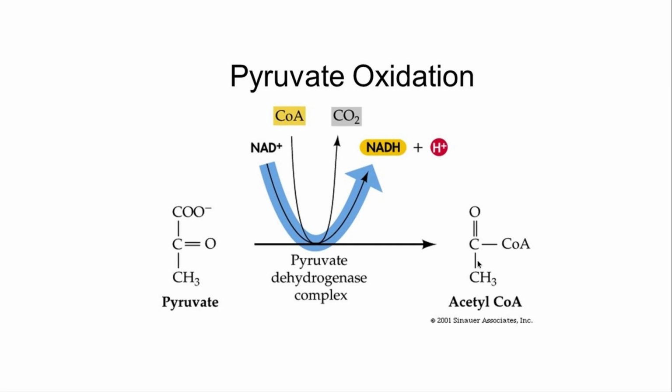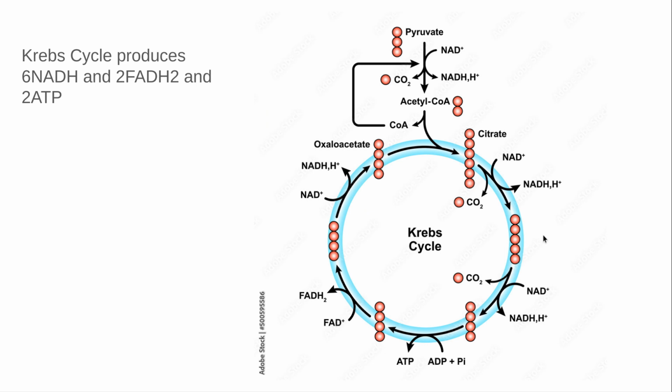It's a 2-carbon molecule, acetyl-CoA. And in this process, we produce NADH. Remember, you're creating 2 pyruvate molecules per glucose. So for one glucose molecule, 2 NADH molecules are going to be produced along with 2 molecules of acetyl-CoA.